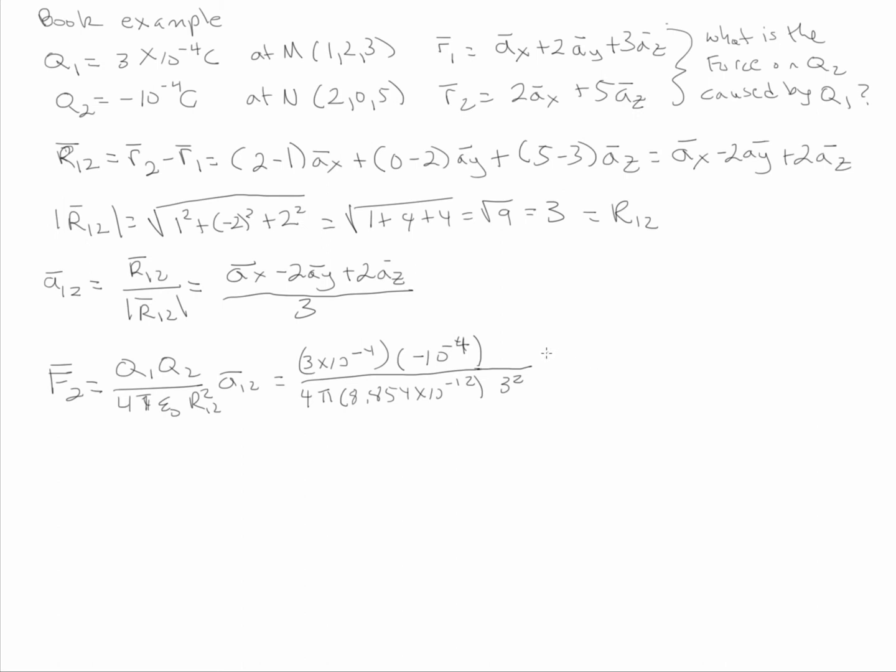And then we have our unit vector, which was ax minus 2ay plus 2az divided by 3.